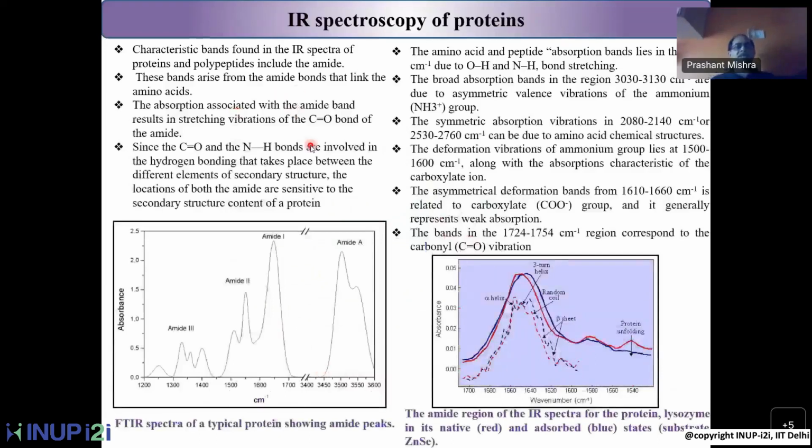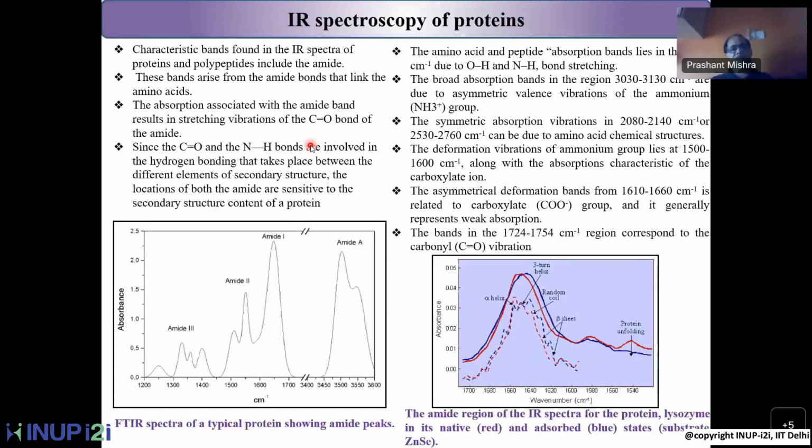Now, looking at the IR spectroscopy of proteins, I'm just going to give you some detail because you may have learned about the CD spectrometer, which is a circular dichroism based spectrometer, where you pass circularly polarized light and then you get the spectra, and that spectra can give you information about the secondary structure of the protein.